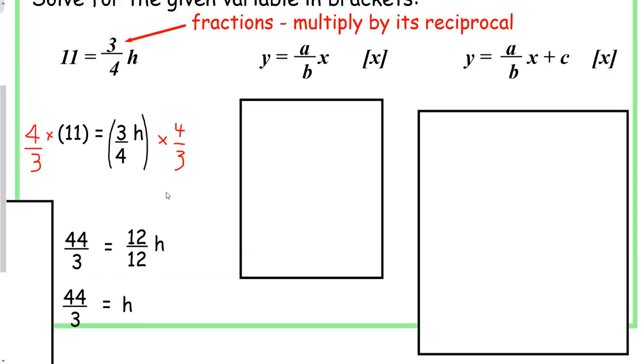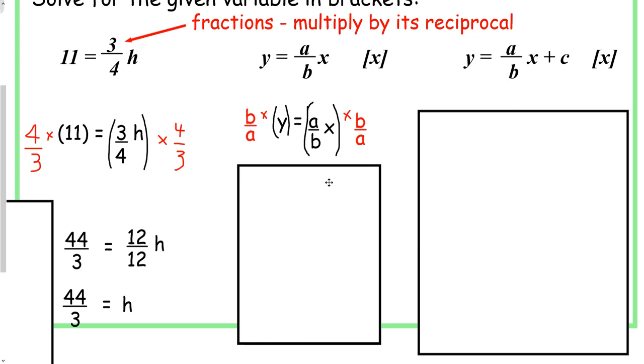Okay, so we want to follow the same idea if we just have letters involved. So here we have y equals a over b x, and we want to isolate for x. Right? So how do we eliminate this a over b? We multiply both sides by b over a, right? By its reciprocal. Okay, and then just multiply through. So b times y, and then a times 1.